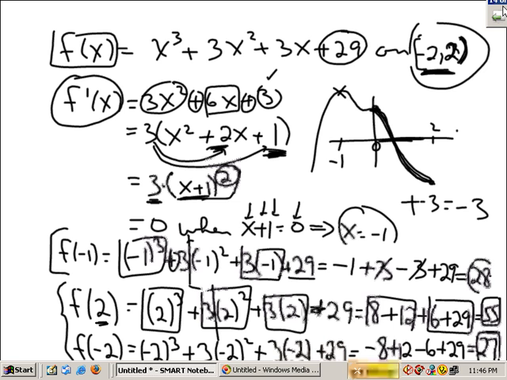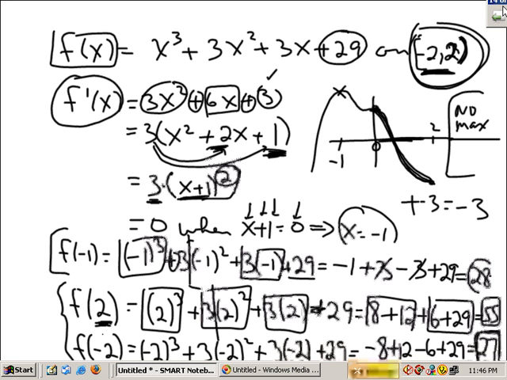It came from 2. 55 came from 2. But we're not allowed to include 2. Okay, so there is no max. No max. Let's talk about min. The lowest value is 27.